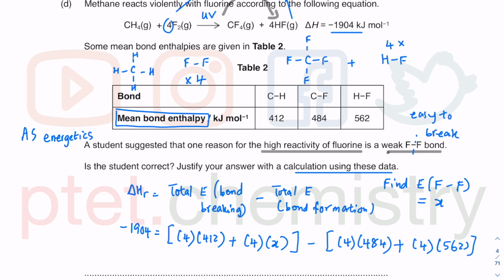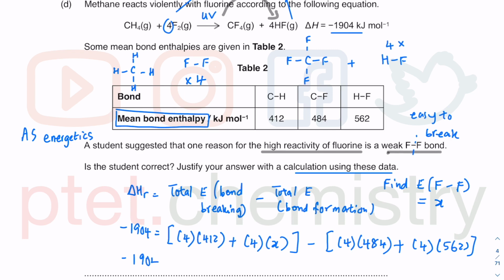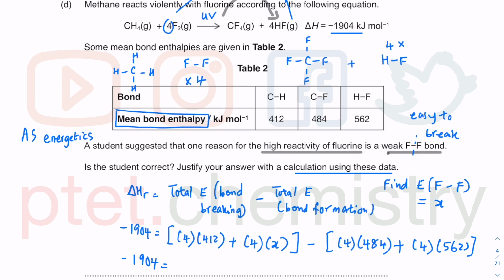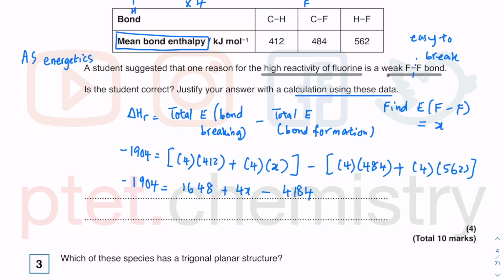Let me just total this up first. So 4 times 412, 1648, plus 4X, minus 484 times 4 plus 4 times 562. That is minus 4184. So 4X is going to be minus 1904 minus 1648 plus 4184.